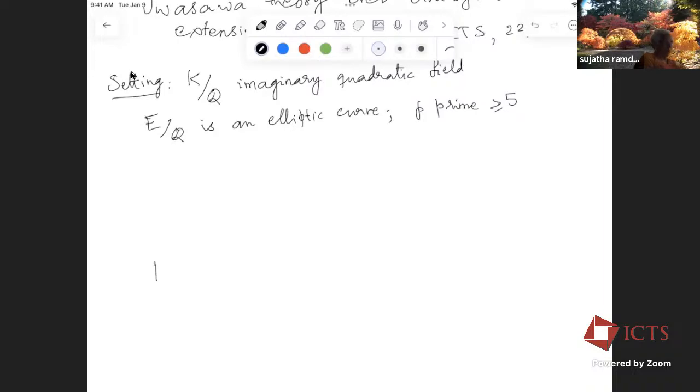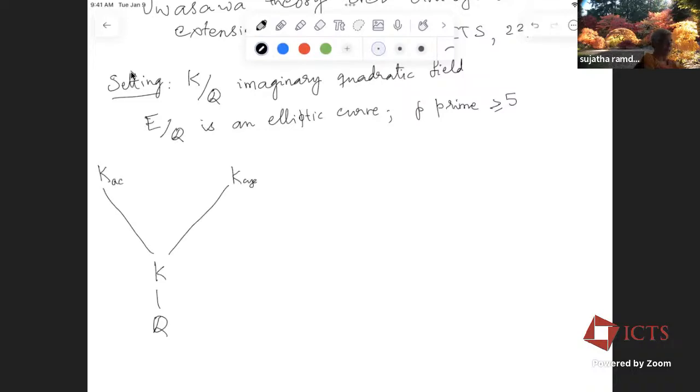So of course, K over Q is a degree 2 extension. Leopoldt's conjecture tells us that there are two linearly independent Z_p extensions. One is the cyclotomic and the other is the anticyclotomic.